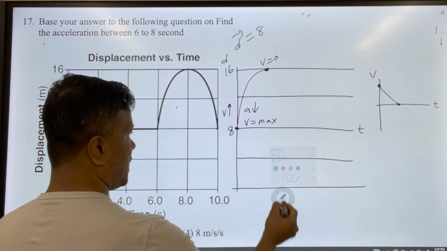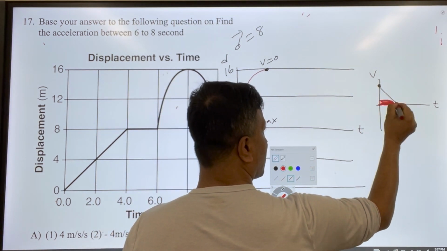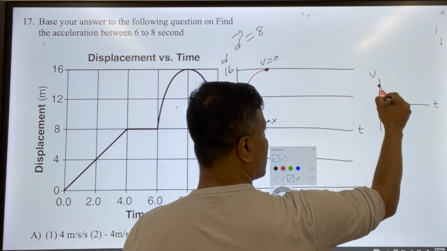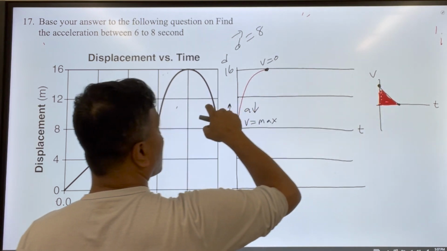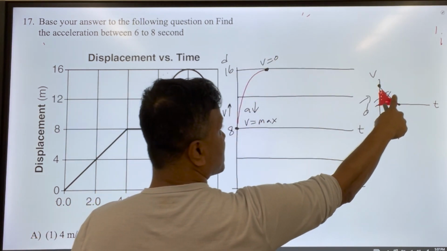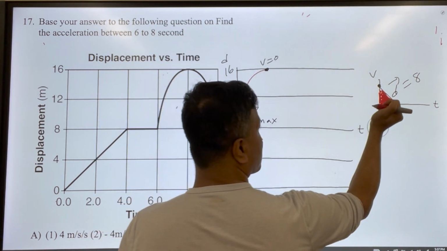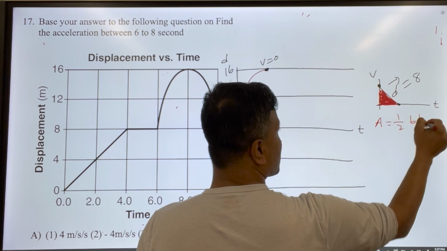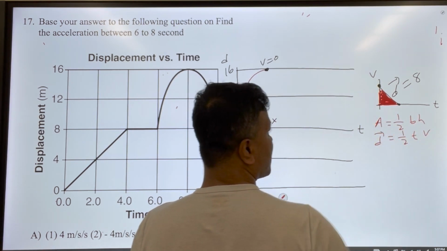Good. Now I know I have area under the vt graph, and I also happen to know that it is 8, right? Area under the vt graph is 8. So I'm going to write the equation. Area is equal to half bh. Area has a name, b has a name, and h has a name, right?